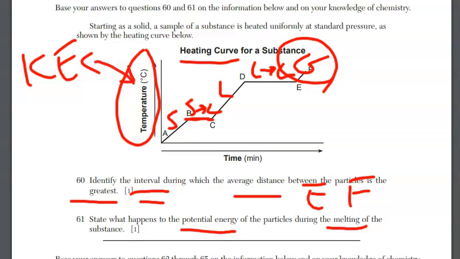These go hand in hand, but I'm still adding energy. That energy is going into potential energy. In this case, then, the potential energy is increasing. Those atoms or molecules of this solid, because they're starting to separate, have more potential, let's say, to chemically react. So again, potential energy here in 61 is increasing.